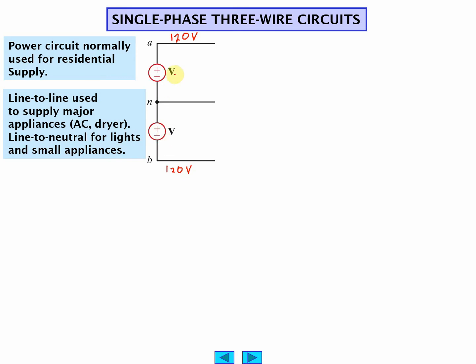This is negative, this is positive, neutral, white wire, black wire, or red. Depending on how you wire things up, your hot wire can be black or red.